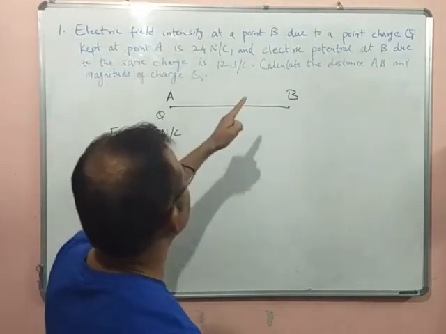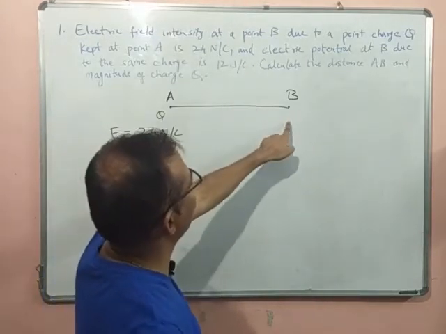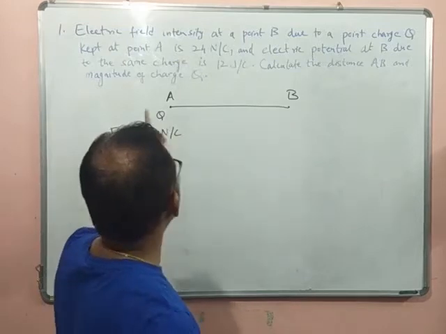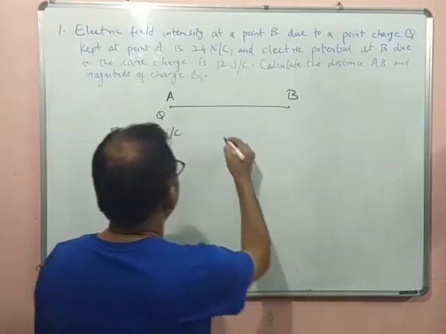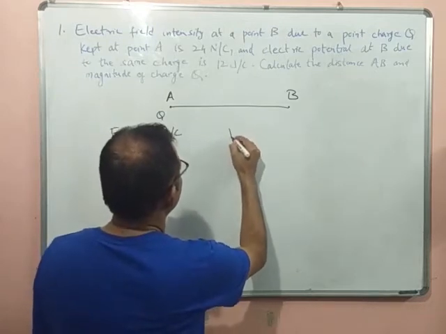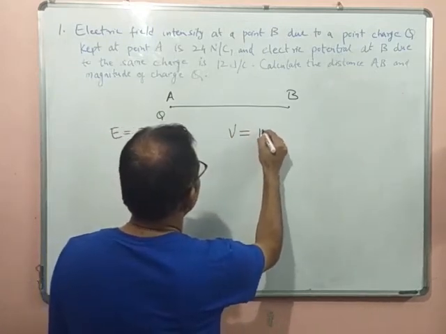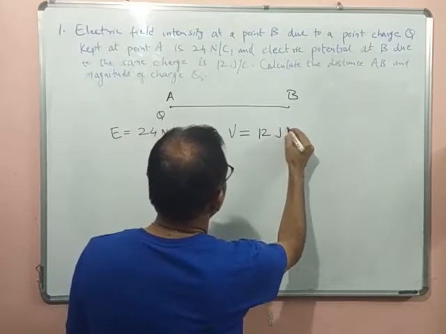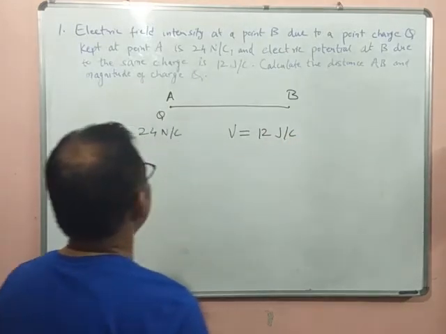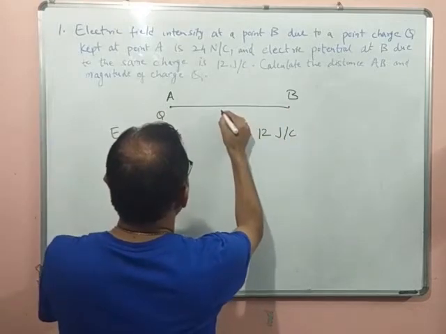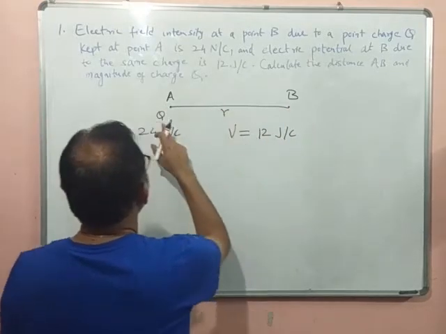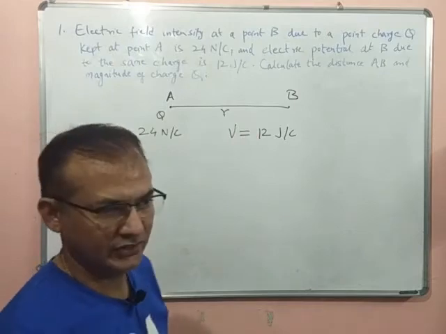At the same point B, the potential due to this charge is 12 joules per Coulomb, so V is equal to 12 joules per Coulomb. What we need to calculate is this distance AB, I will say this is R, and the magnitude of this charge Q.